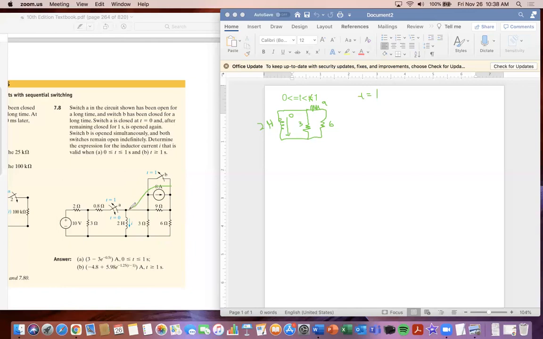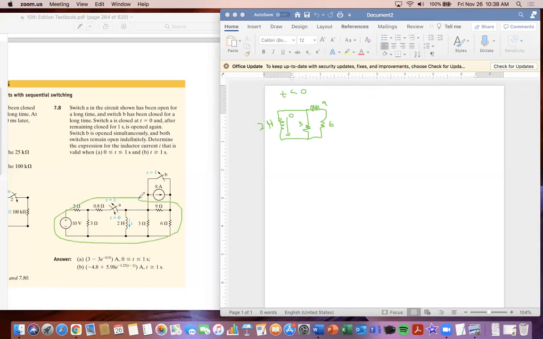Oh wait, oops, I totally messed up here. This was actually for time is less than 0, because then at time is 0, this shuts here. So let's look at that interval once again. Sorry, you guys, I make errors too.